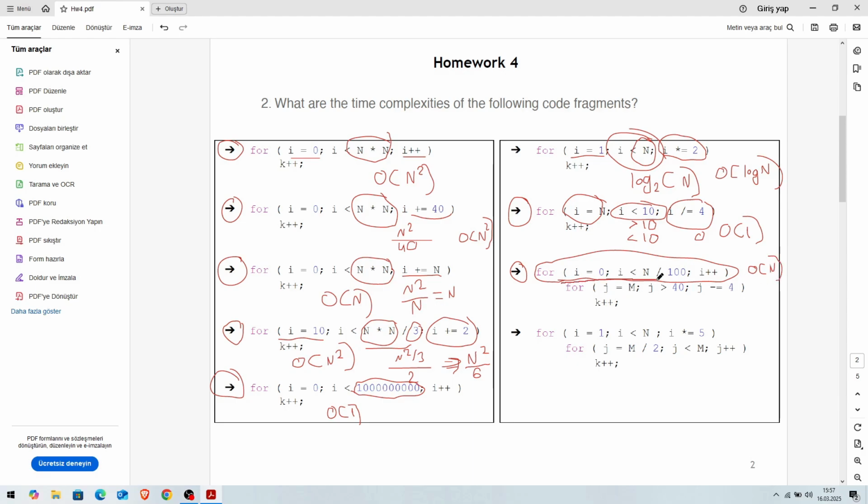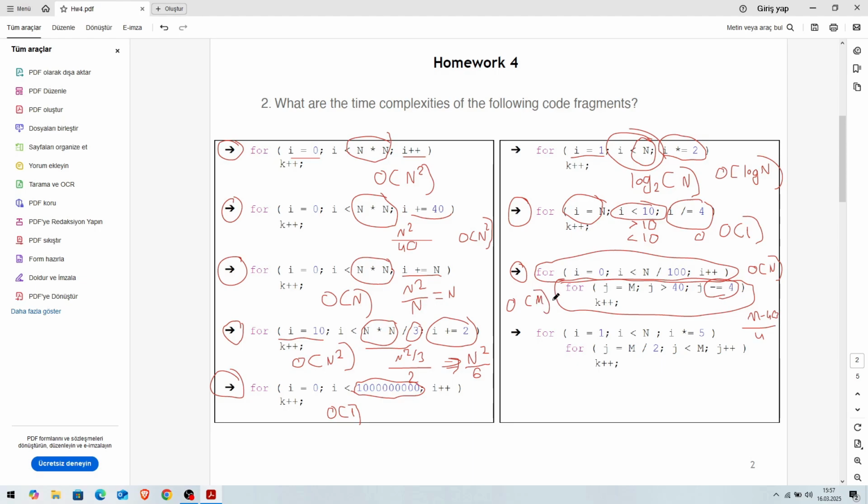The inner loop goes down to 40 in steps of 4, and that's about m divided by 4, so its iterations are O(m).